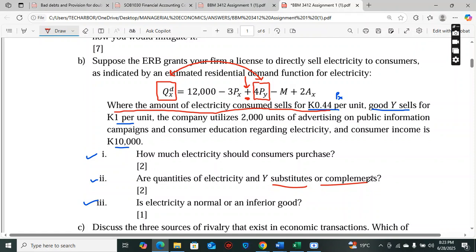If the price of the phone goes up, people buy fewer phones, and so they buy fewer screen protectors. So there's a negative relationship. The price of the good has gone up, quantity demanded of the complementary good has gone down.